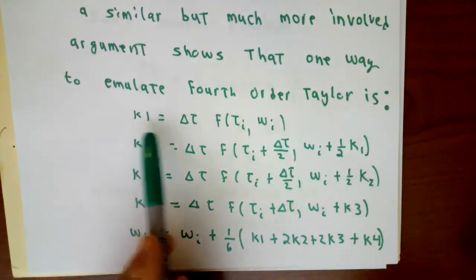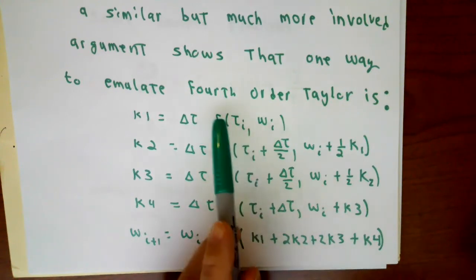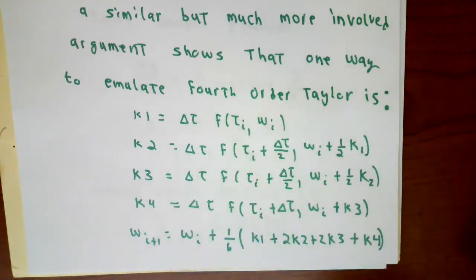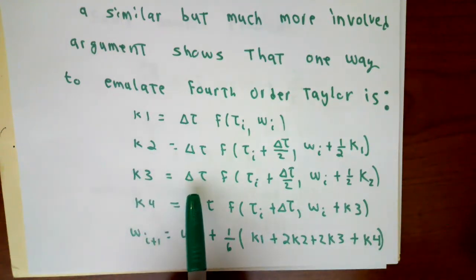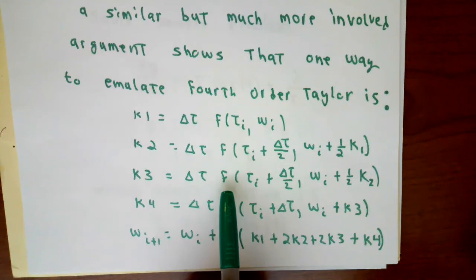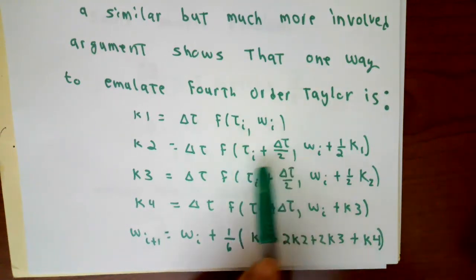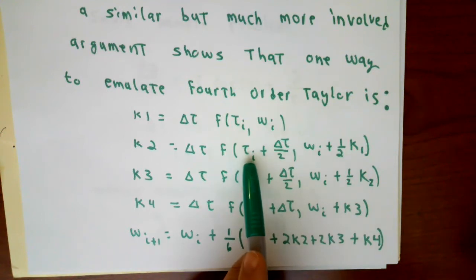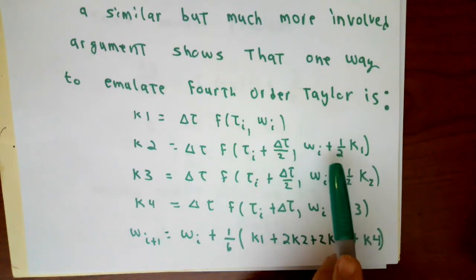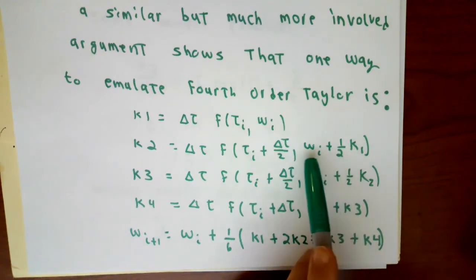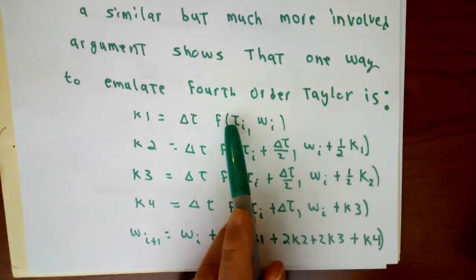Let K1 equal the time step times f evaluated at the current point ti, wi. Let K2 be delta t times an f value, except you're going to evaluate the first variable at the current t value plus half of a time step, and the other position is going to have the current y approximation plus half of K1.